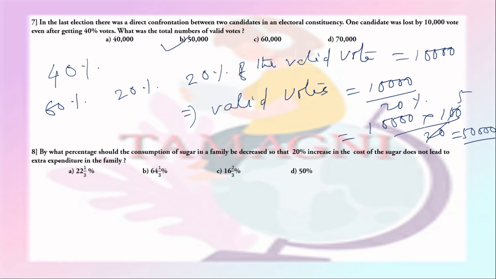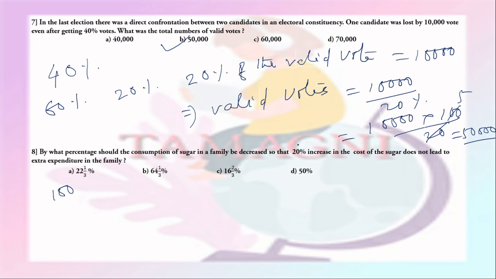Question number 8. By what percent should the consumption of sugar in a family be decreased so that a 20% increase in the cost price of the sugar does not lead to extra expenditure in the family? Previously the price of sugar was say 100.